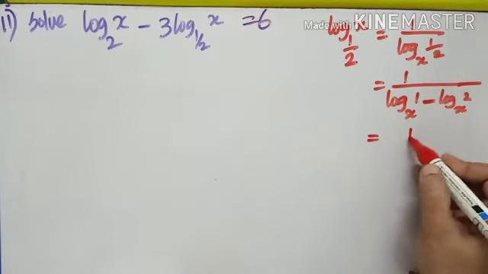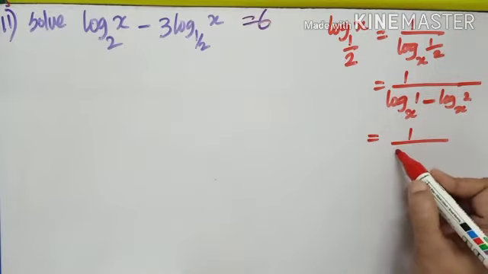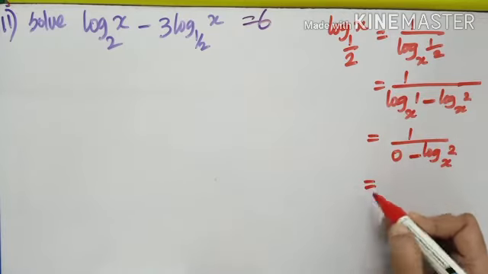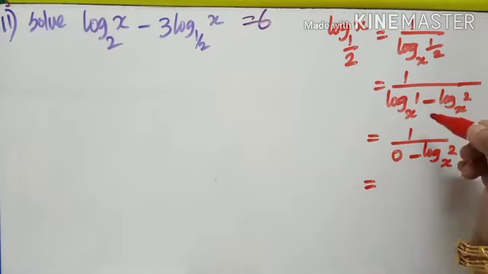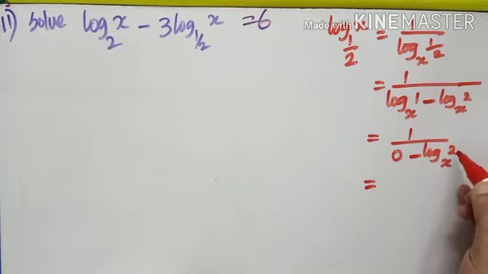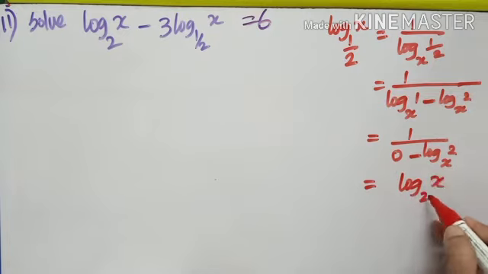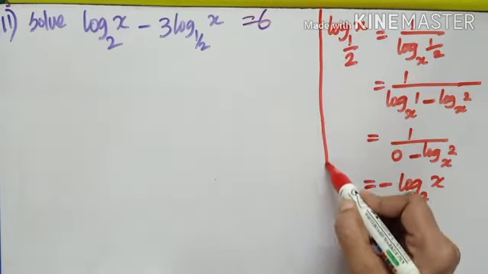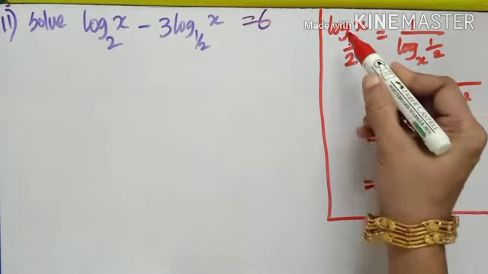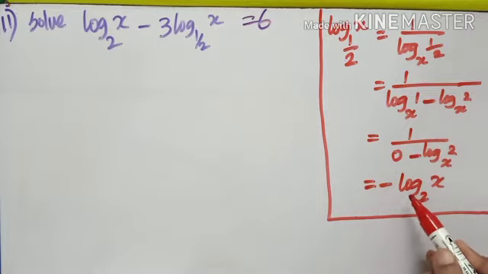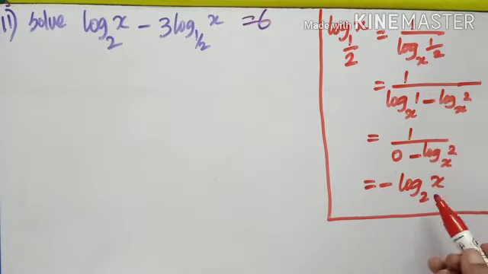Division tells me to subtract. 1 by (log 1, which we know is 0, minus log 2 base x). Again, if I take it to the numerator, log 2 base x will go as log x base 2. The minus symbol will be retained. So we have worked out that log x base half is minus log x base 2.